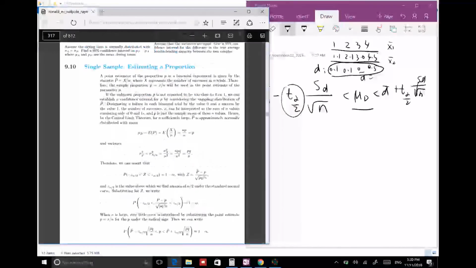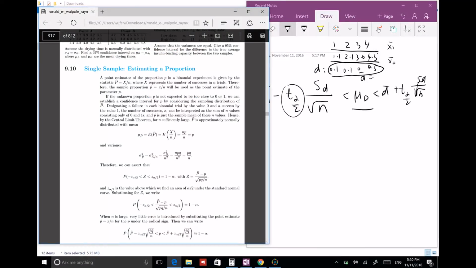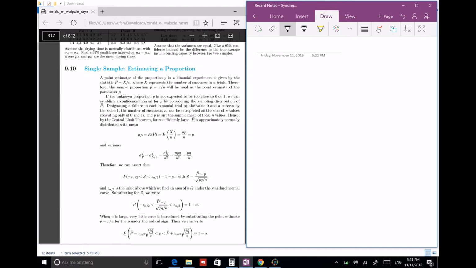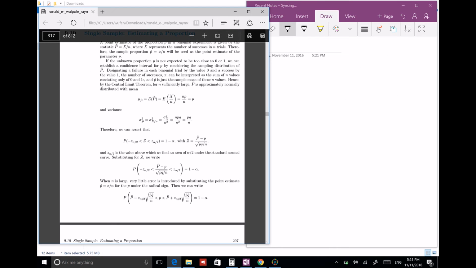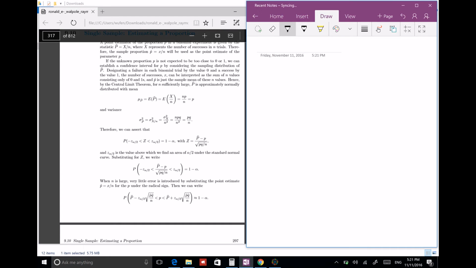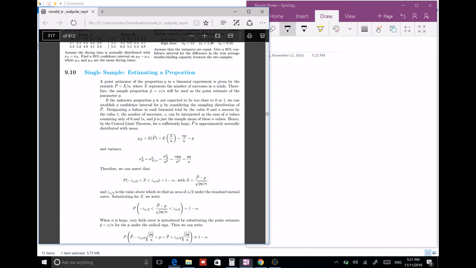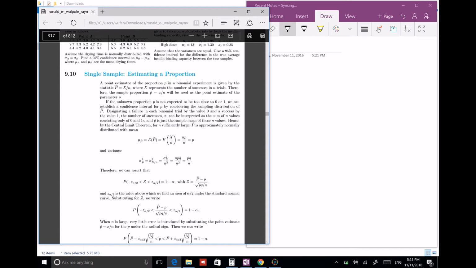And section 9.10, single sample estimate of a proportion. In this case, it's a proportion. It's not a mean value of a group of data. What is a proportion?